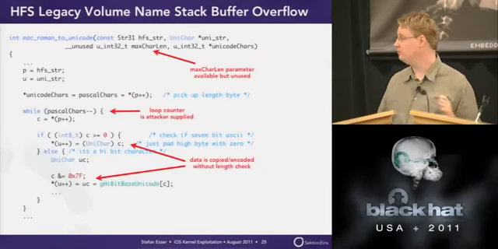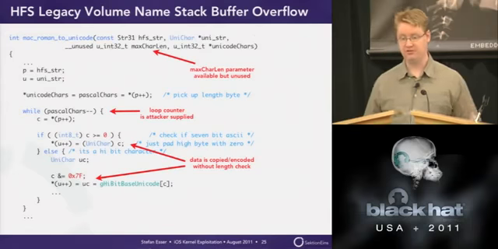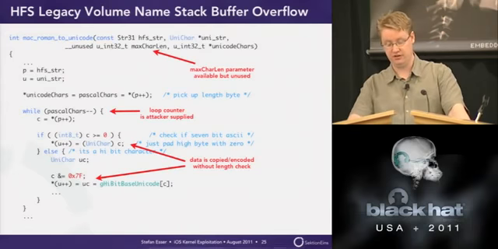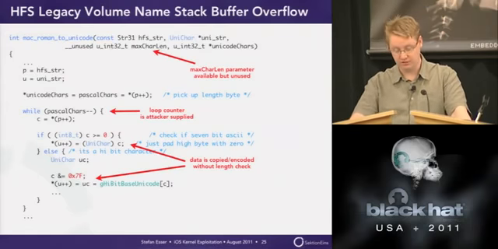Here's the function that does that. The most ironic thing here is that there's a parameter to this function called max_charlen, which is unused. It's always a good idea to pass the maximum length and then not use it.